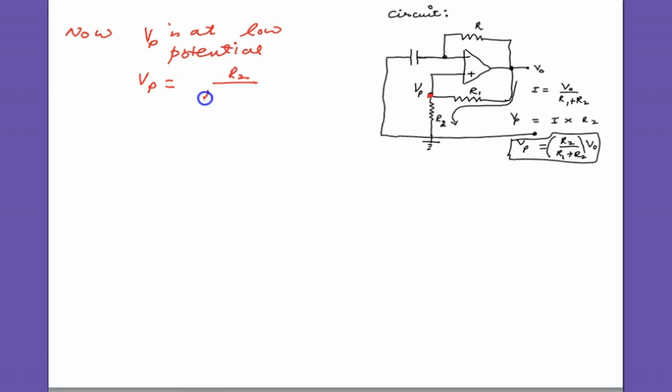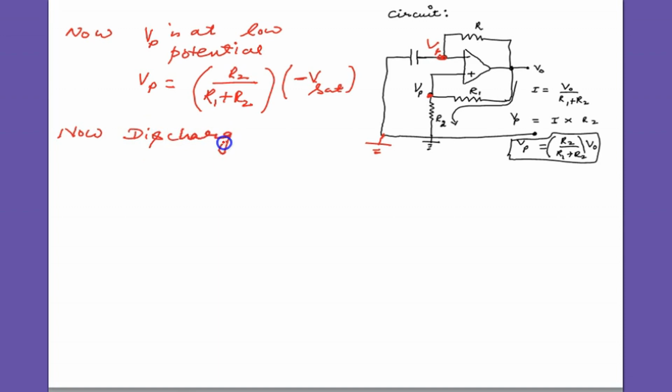As the capacitor discharges, the potential V1 goes on decreasing, and again a stage will be reached when V1 becomes slightly less than Vp.